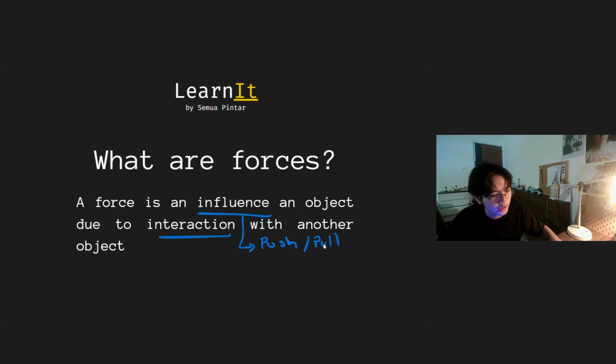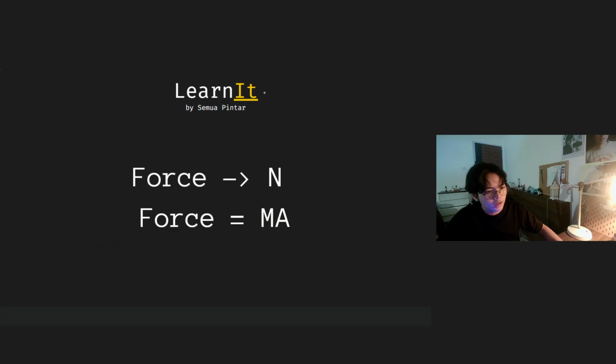For example, I can push the mouse around or I can pull it. The fact that my interaction with the mouse causes the mouse to move, it is a force. I'll explain more on that later on. But for now, there are two main points of forces.